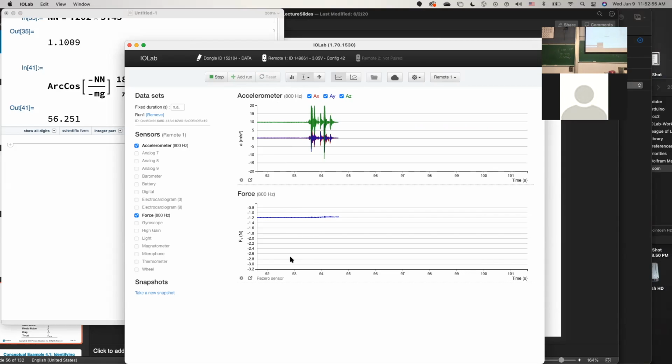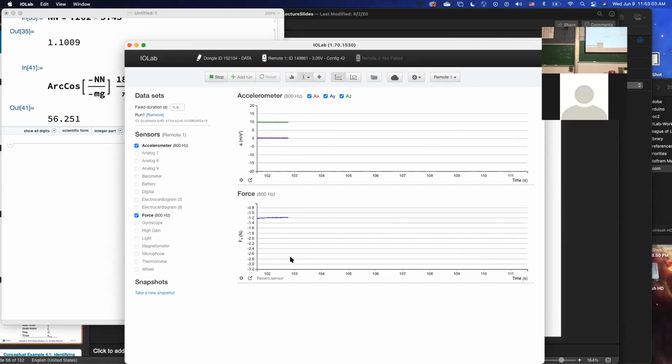So let's try it on a smoother surface. Well, it doesn't work right now, but the force of friction is real.